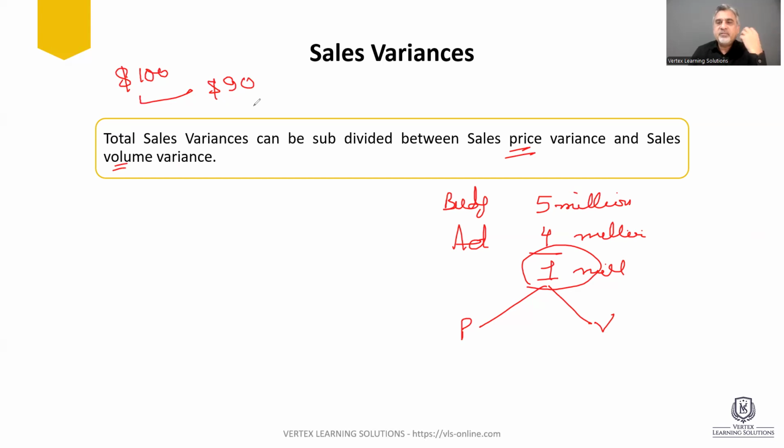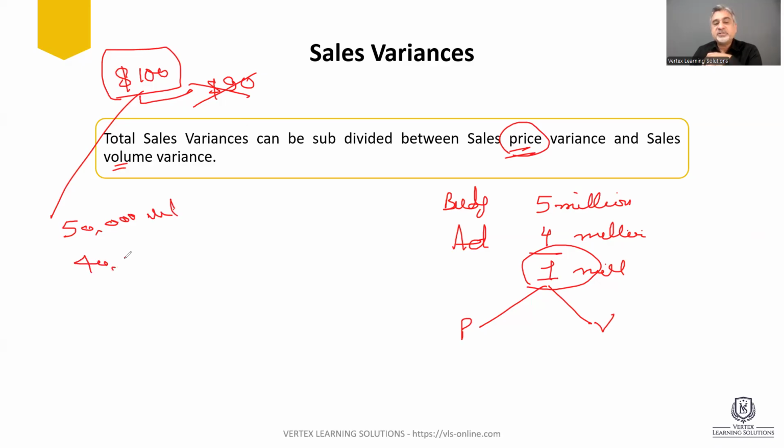So sales price variance occurs when you sell goods at a price which is less than the budgeted price. And the second is that no, I was not selling at a lower price. I was selling it at the standard price of 100, but I thought that I would sell 50,000 units, but I could only sell 40,000 units. I sold fewer units. So that means volume variance.